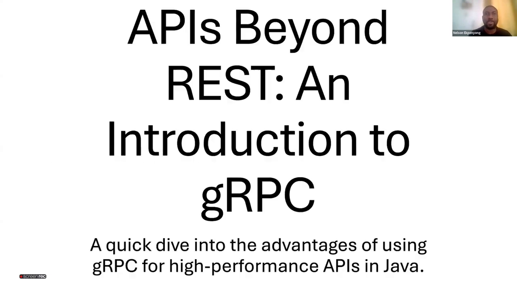All right. So today I'm going to be talking about gRPC, just an introduction to gRPC. It's going to be a very quick dive into the advantages of using gRPC for high performance operations, especially in Java.